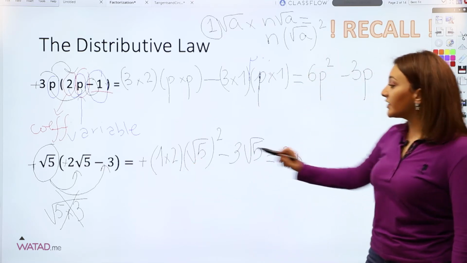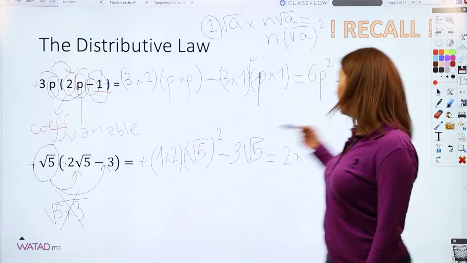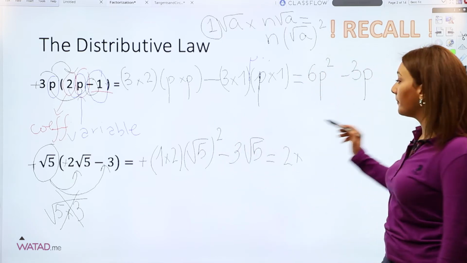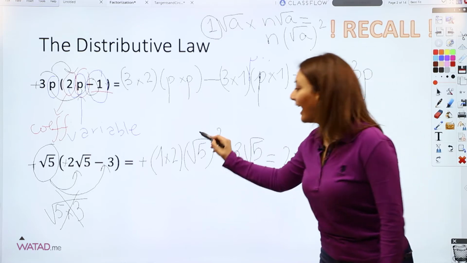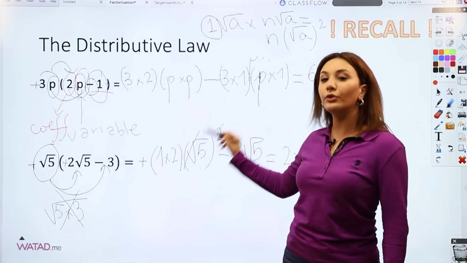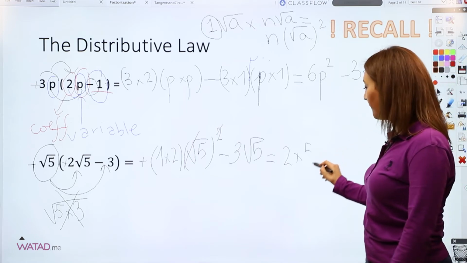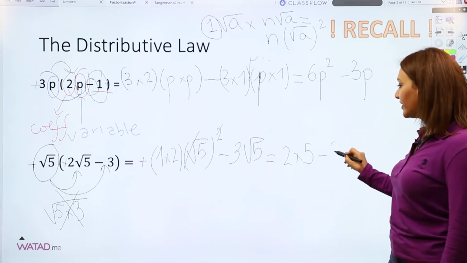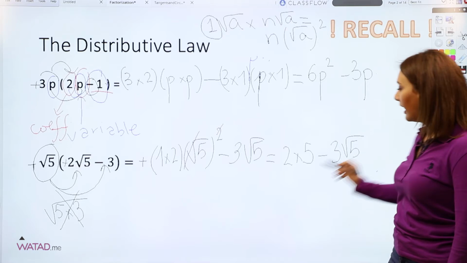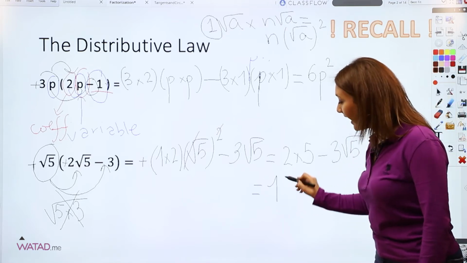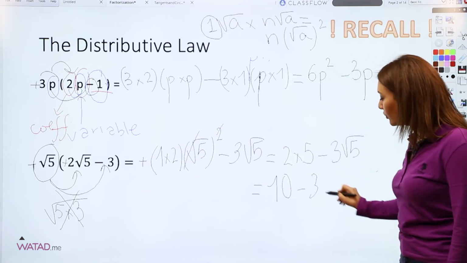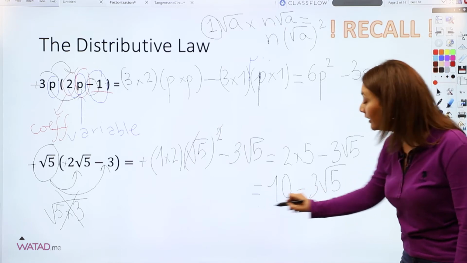Now, square root of 5 squared: remember, those are inverses. They cancel out, so the square root and the power 2 cancel out. I'm left with 2 times 5 minus 3 square root of 5. Finally, this is 10 minus 3 square root of 5, and I'm done.